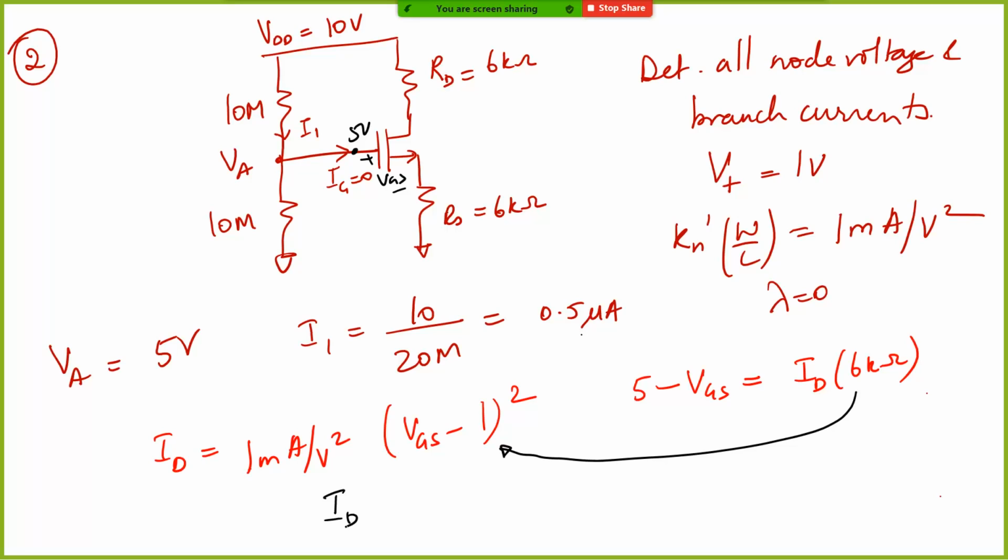So it will be a quadratic equation, and you will get two possible values for ID. Can you solve it and tell me what are the two possible values of ID?